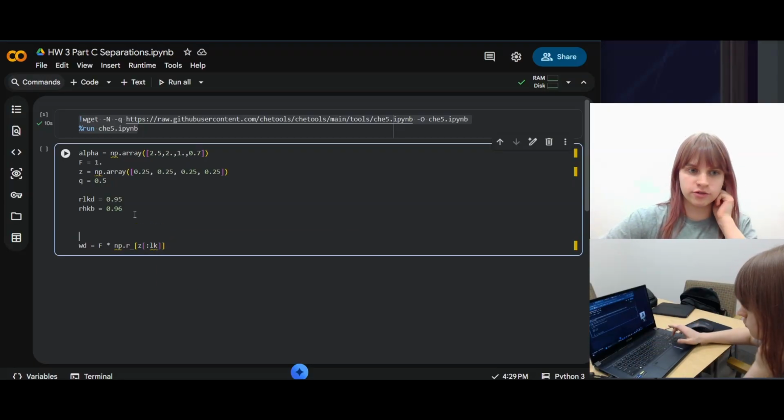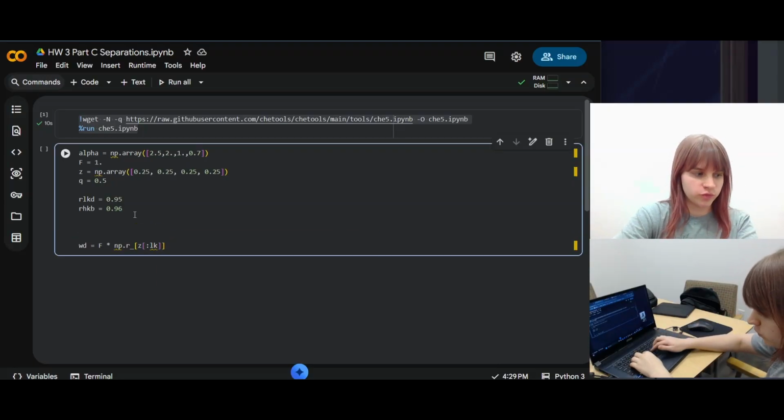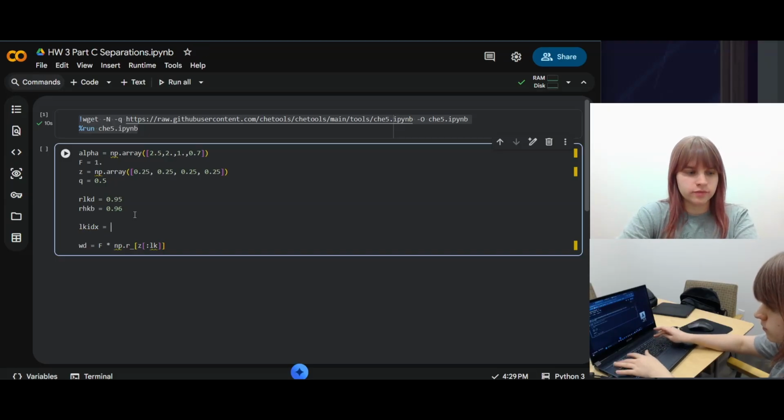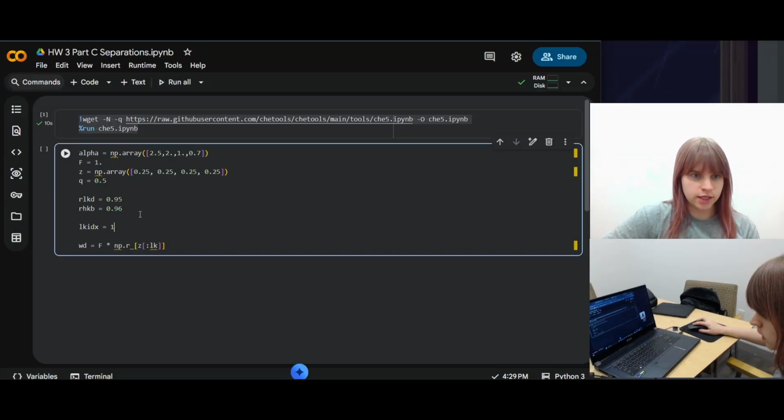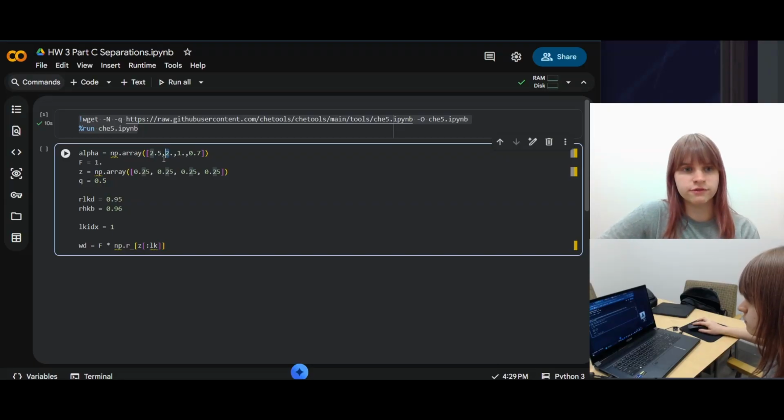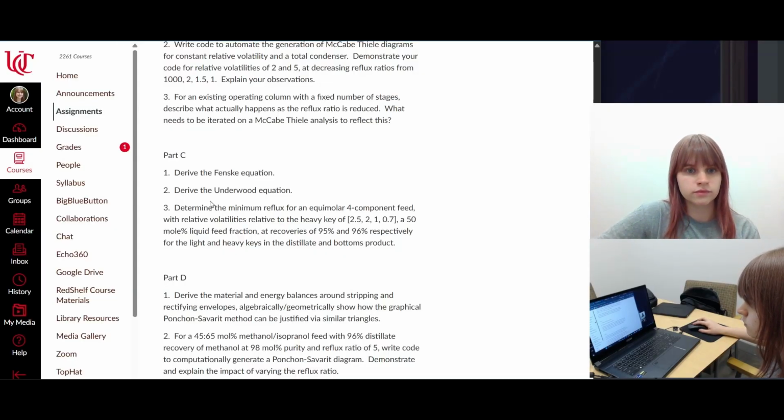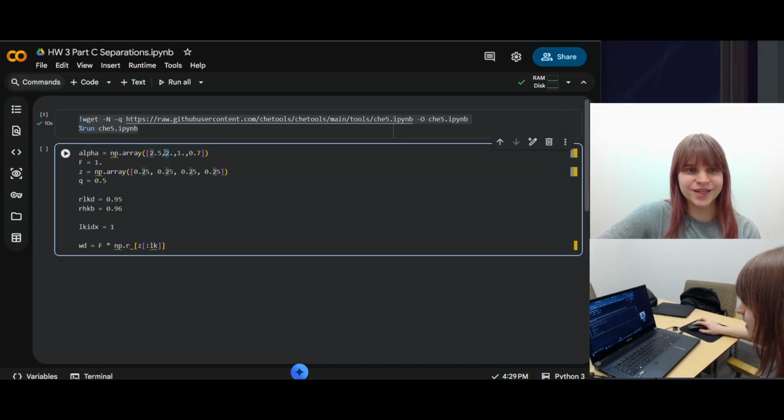And I actually forgot to do this, but the light key, and I'm putting IDX, the light key is component 2, because remember in a list, this is 0, and this is 1. So it would be the component with the relative volatility relative to the heavy key of 2.